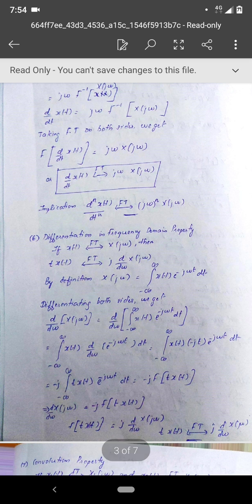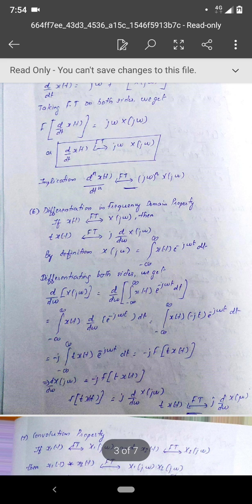That is nothing but j d by d omega X of j omega. You can say that in a different way: if you perform the first order derivative with respect to frequency of X of j omega, then that corresponds to x of t being multiplied with t.